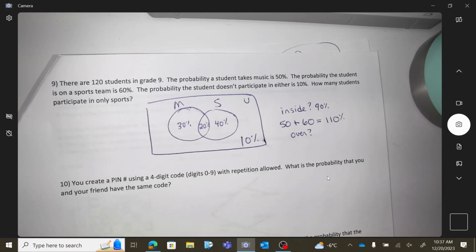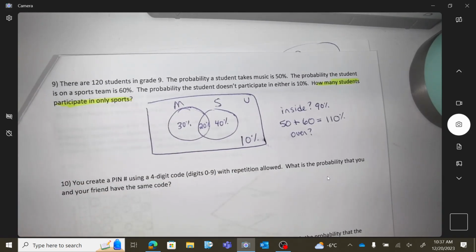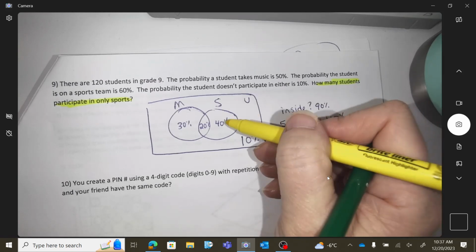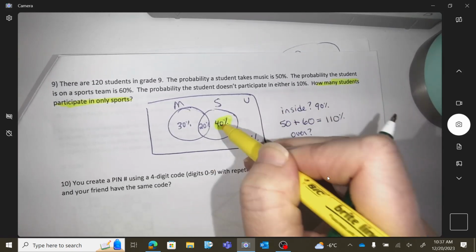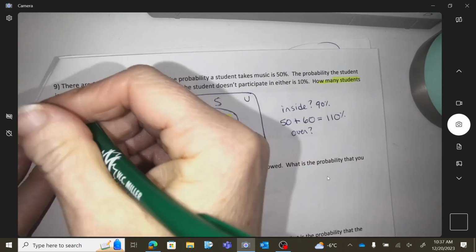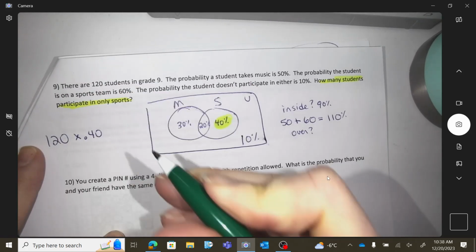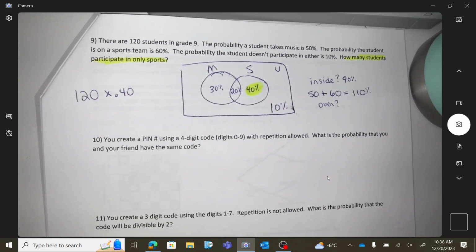So now, how to do the question. This is a little bit different. I don't think we've seen many of these. How many students participate in only sports? So this is what I'm looking at, 40%, but that's not your answer. How many students? So what do you do with that? 120 students, 40% of them.